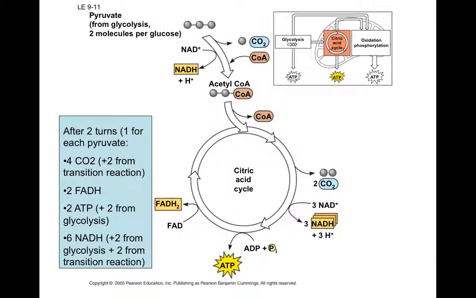If you've been keeping track of the product so far, the 4 carbon dioxides plus the 2 from the transition reaction show that we've completely oxidized the glucose, forming 6 carbon dioxide.